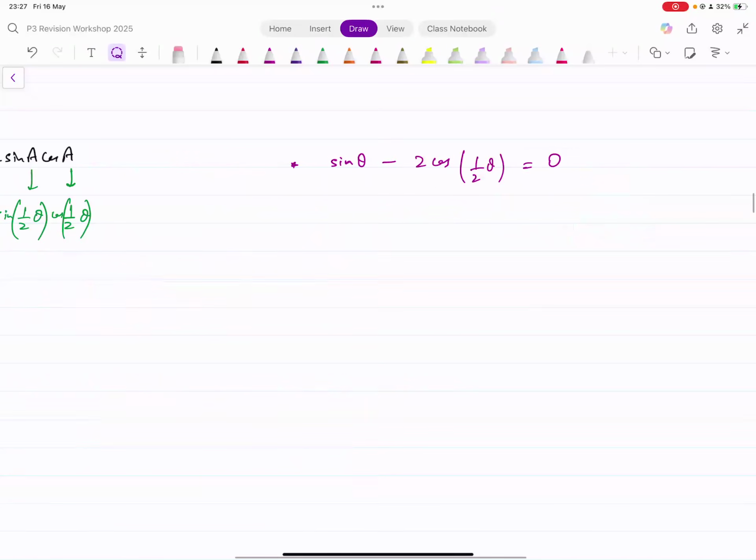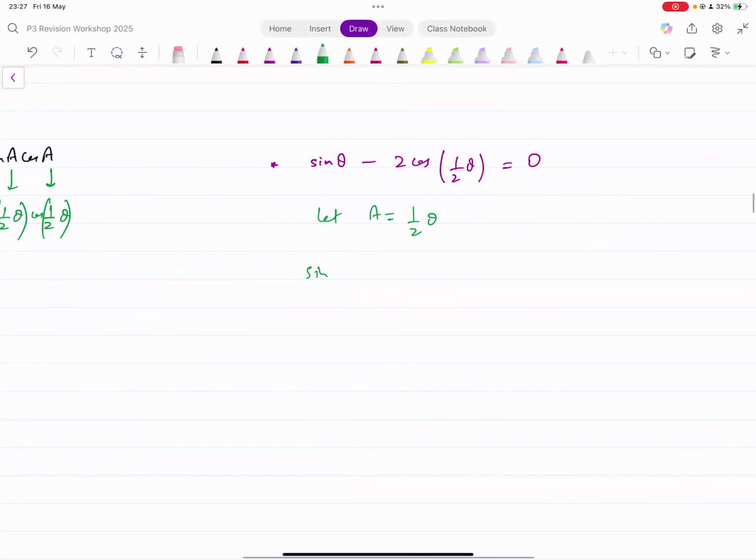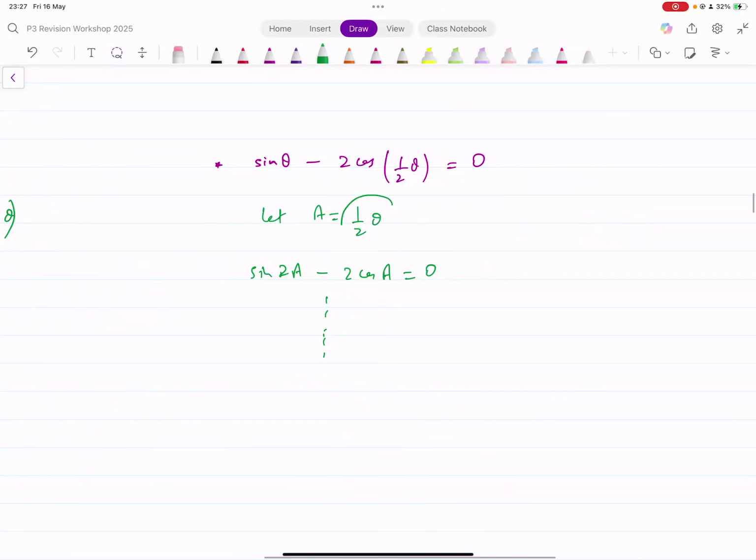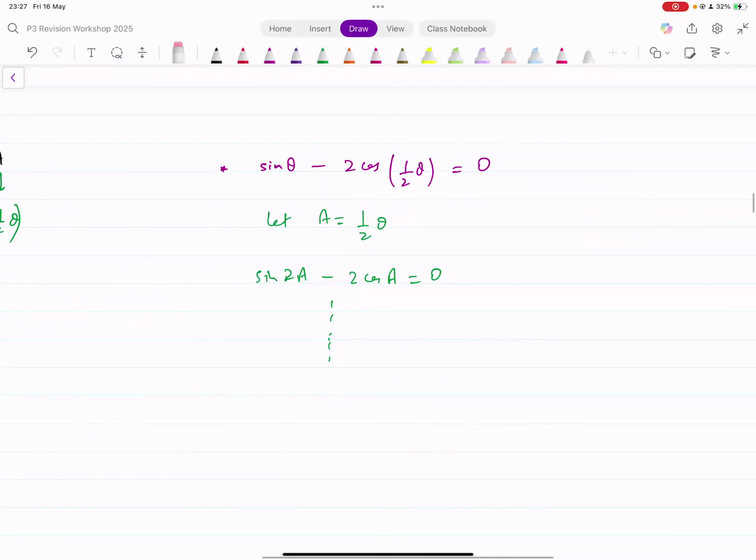In this particular example, we could use a substitution A equals half theta, and then we could write this as sine of 2A minus 2 cos A equal to 0. And then we could solve this equation in terms of A. At the end, put that substitution back, put half theta in place of A, and then find the values of theta from that. But when we do that, remember, we have to adjust the interval as well.